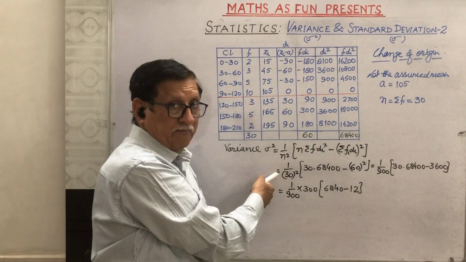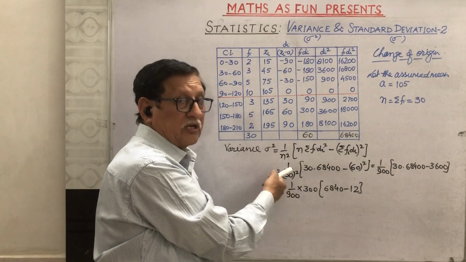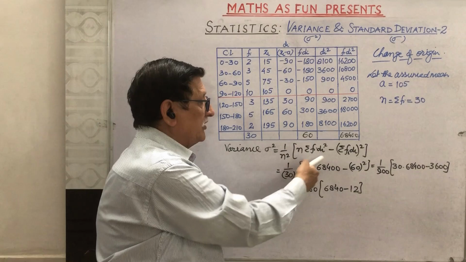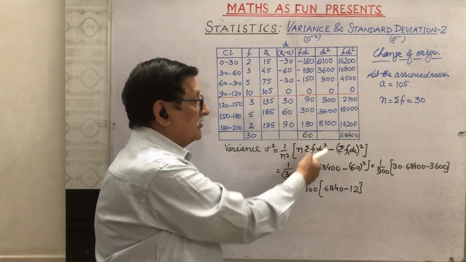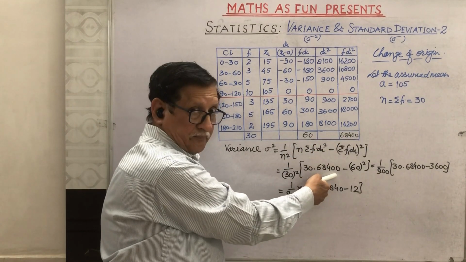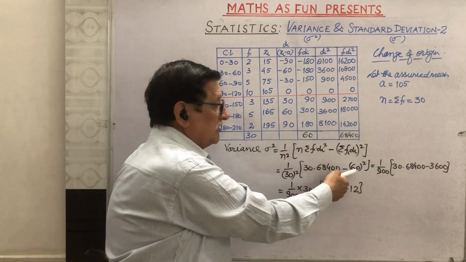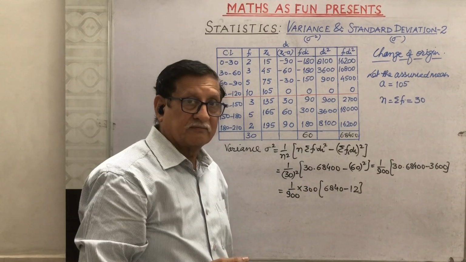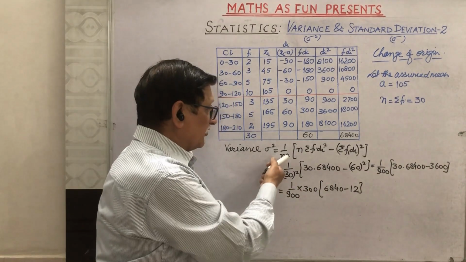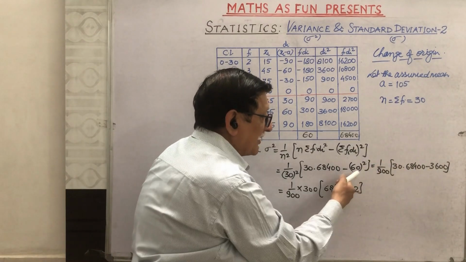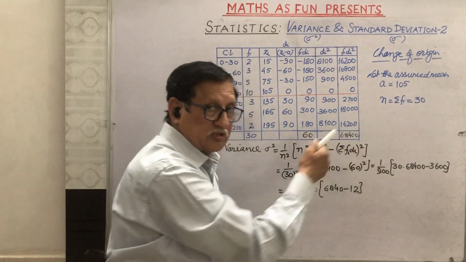Substituting the values, we get 1 upon 30 square, because n is 30, into 30 into sigma fi into di square, the sum of that is 68400, minus sigma fi into di is 60, so the square of 60 here. Simplifying this, we get 1 upon 900 into 30 into 68400 minus the square of 60, which is 3600.